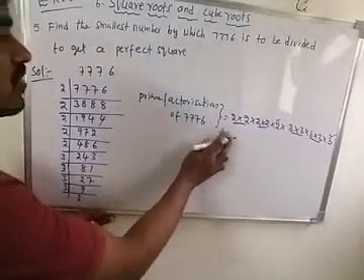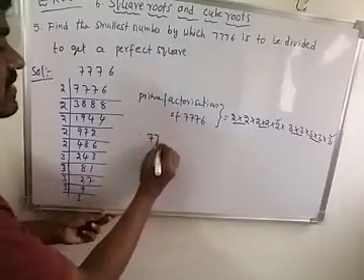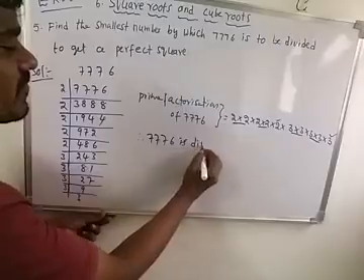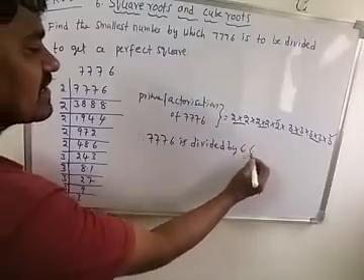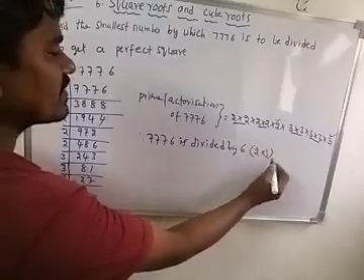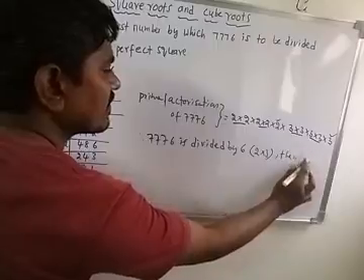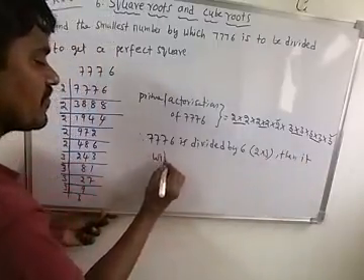Therefore 7776 is divided by 6. That means 2 into 3. Then it will be a perfect square.